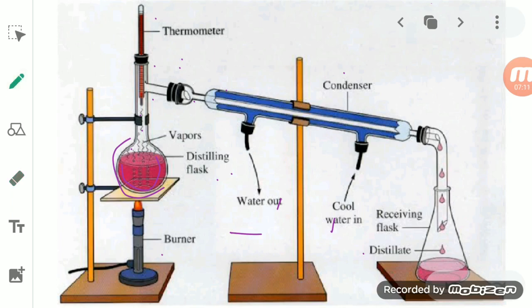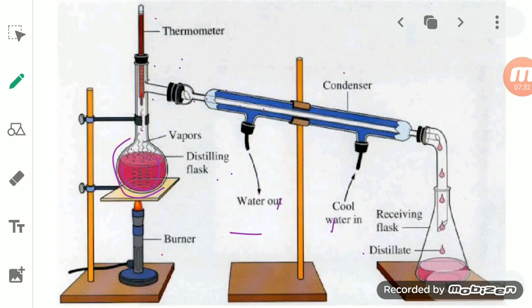So when you provide heat to this mixture, the homogeneous mixture of a solid and a liquid, what happens? The liquid, being volatile and having a low boiling point, will get evaporated, and this vapor finally enters the condenser.